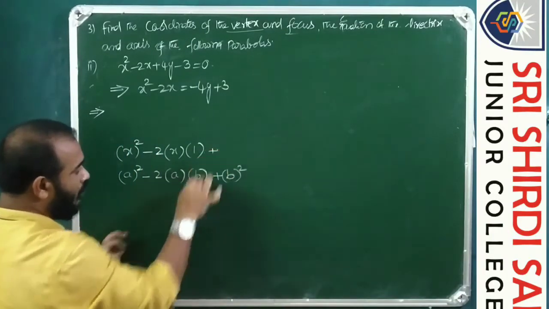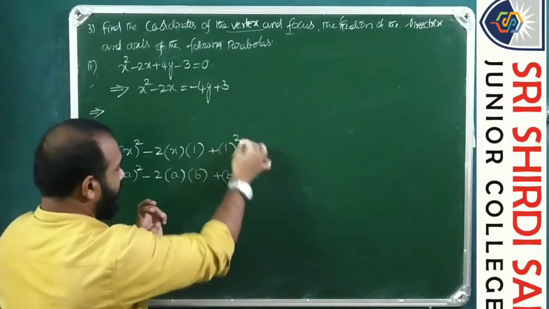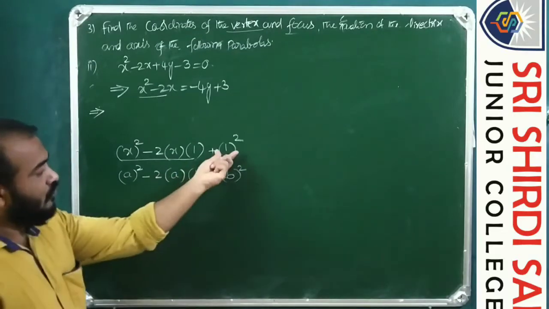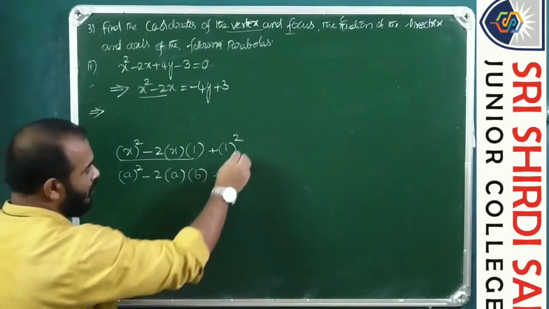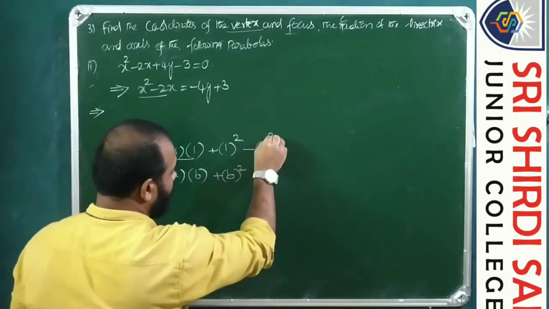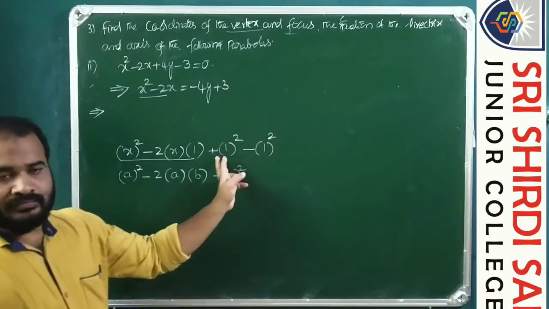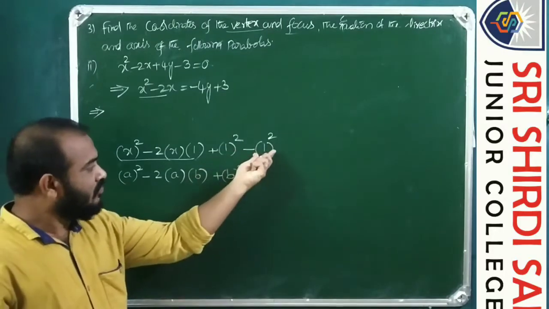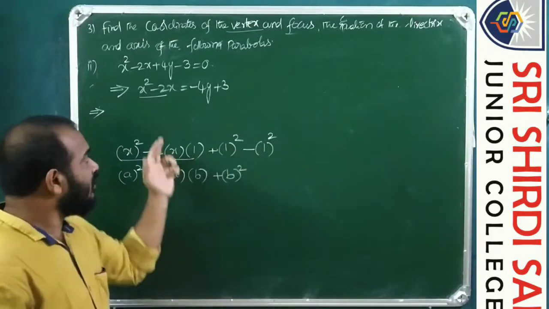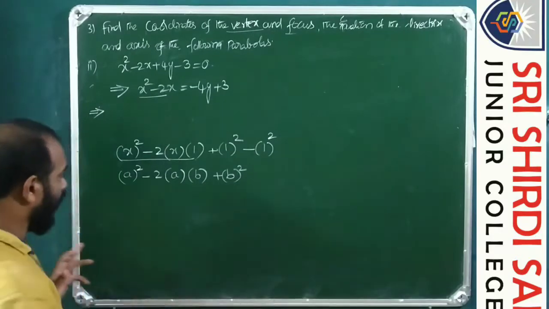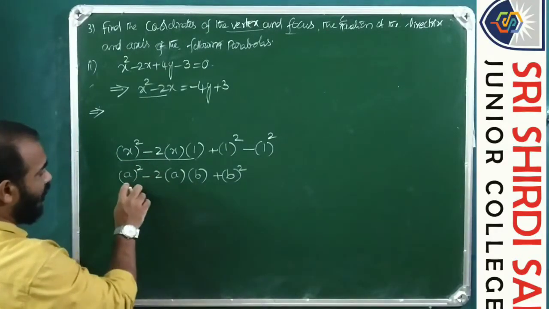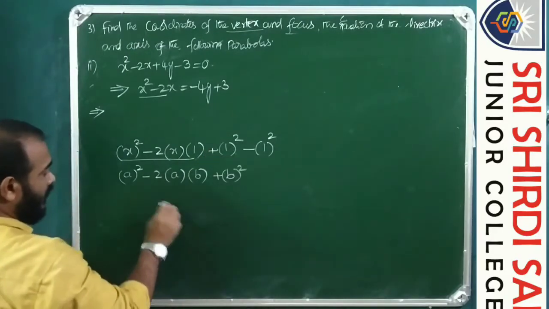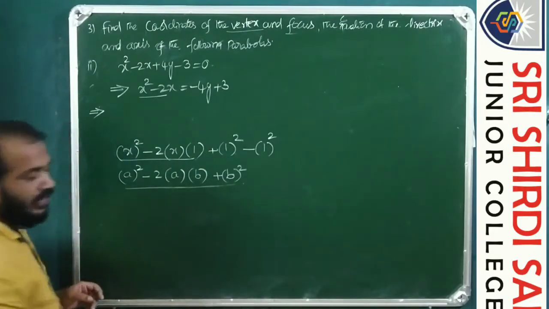So a square minus 2ab plus b square. Here b is 1, so 1 square. These are equal, but this 1 square is additionally added, therefore I will also subtract 1 square so that the equation is balanced. Now this is of the form a square minus 2ab plus b square, which equals (a minus b) whole square.